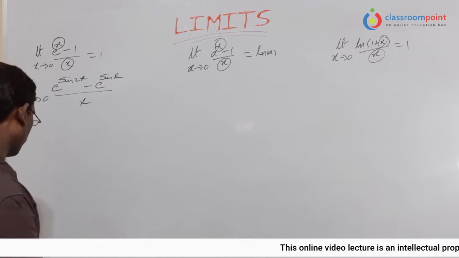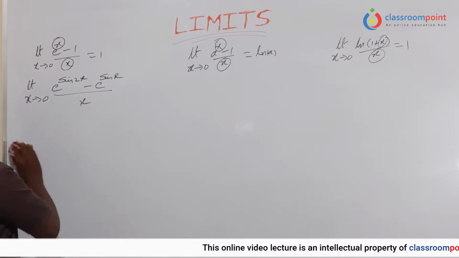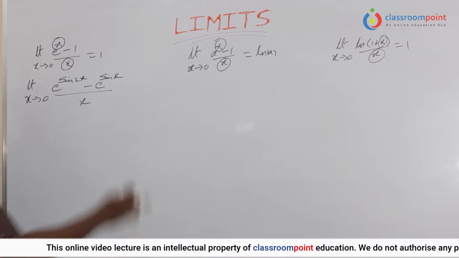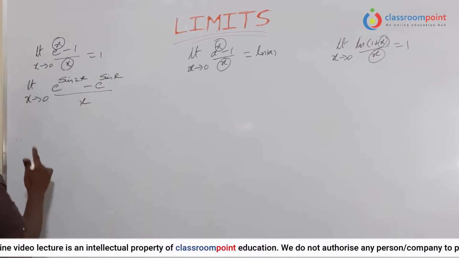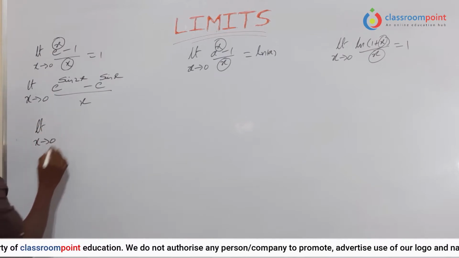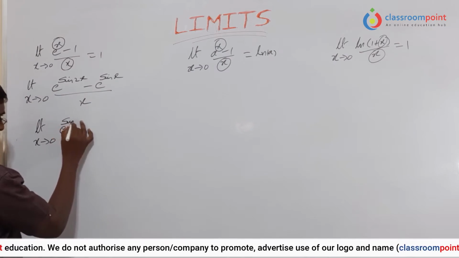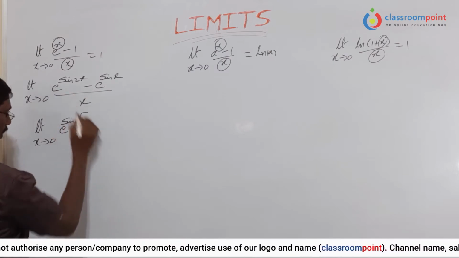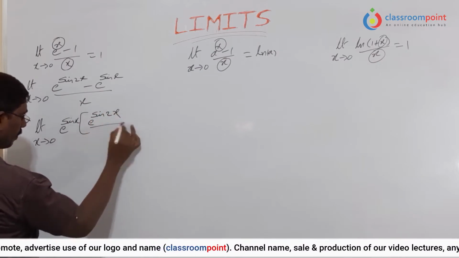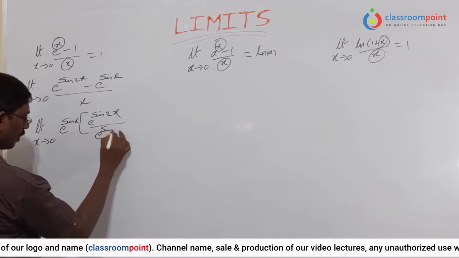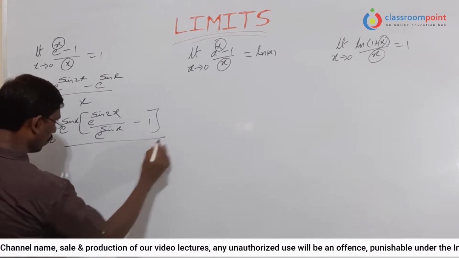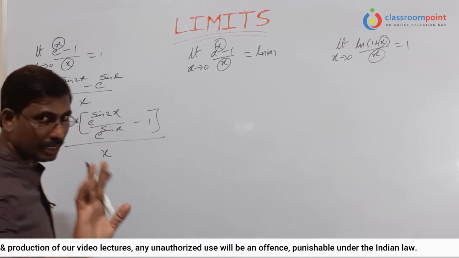So I will do one thing. From the numerator I will take one value, this one common. So limit x tends to 0, e^(sin x) take outside, remaining is e^(sin 2x) by e^(sin x) minus 1, whole divided by x as it is.